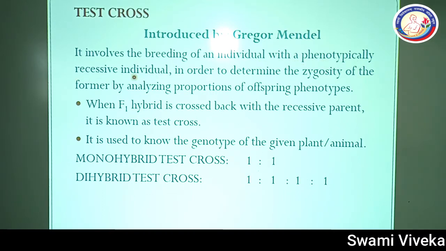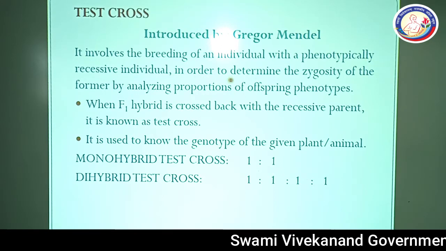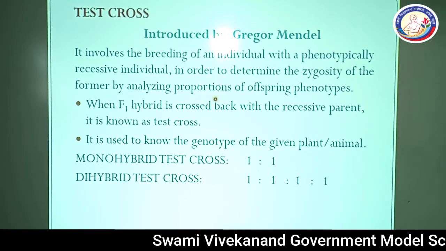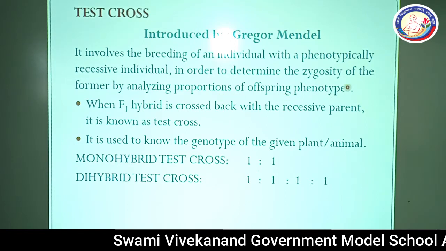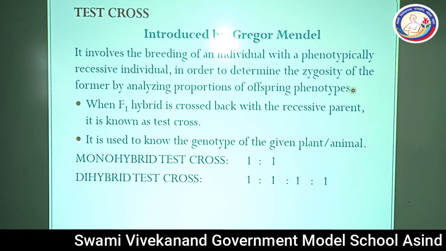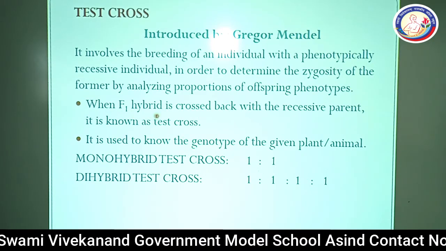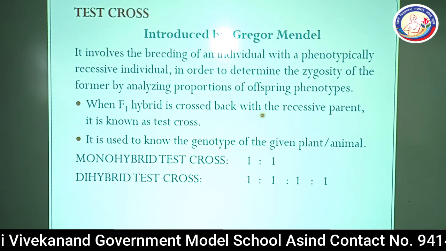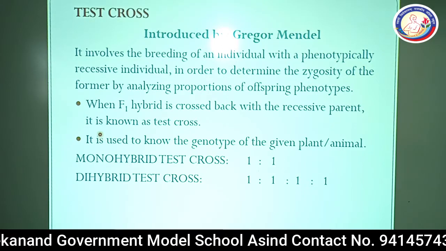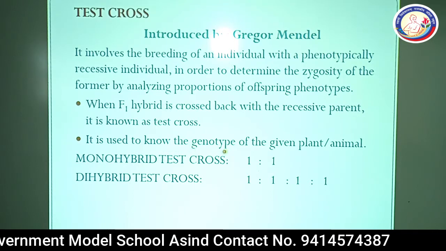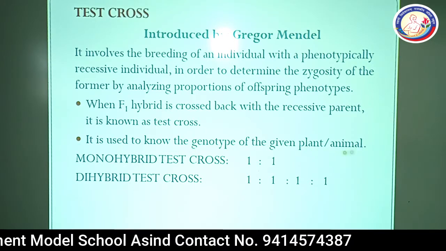So we cross the specified individual with a phenotypically recessive individual in order to determine the zygosity of the former by analyzing proportions of offspring phenotypes. We will find out the zygosity here. When F1 hybrid is crossed back with the recessive parent, it is known as test cross. It is used to know the genotype of the given plant or animal.